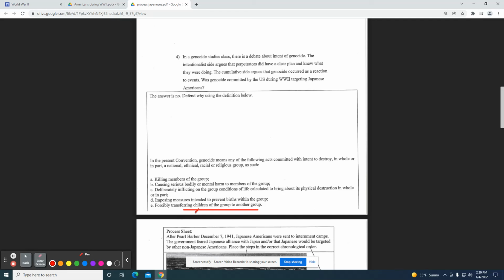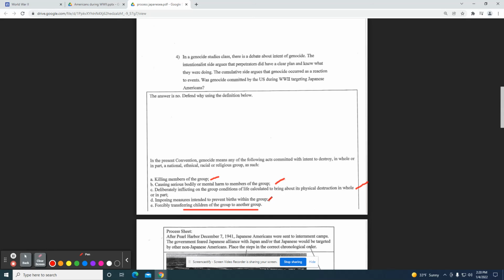The people that were placed in these internment camps were American citizens. So in comparison to Nazi Germany, Germany's treatment of the Jewish or the Romani, they killed members of that group. They definitely caused bodily harm through experiments. They inflicted conditions calculated to bring about its physical destruction. They sterilized individuals.